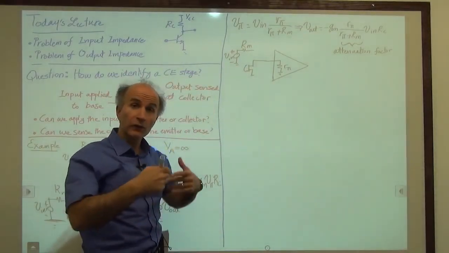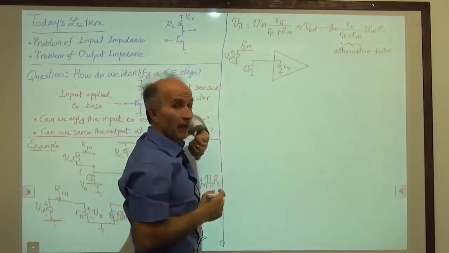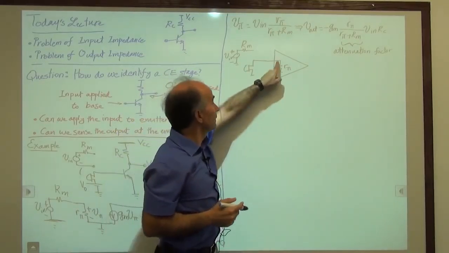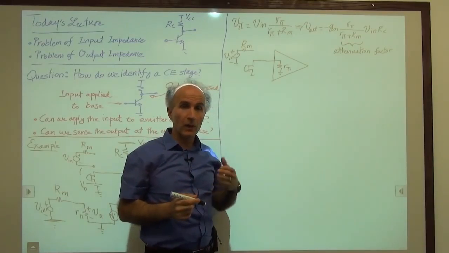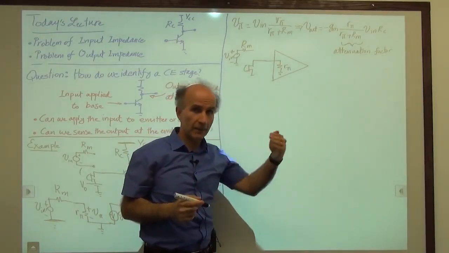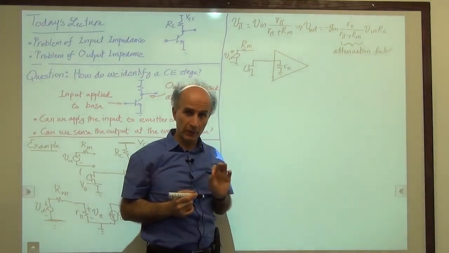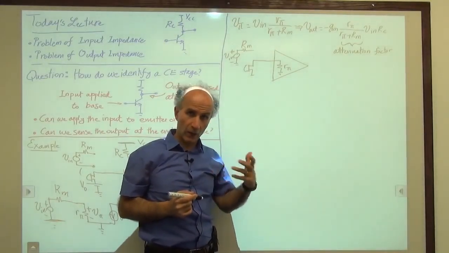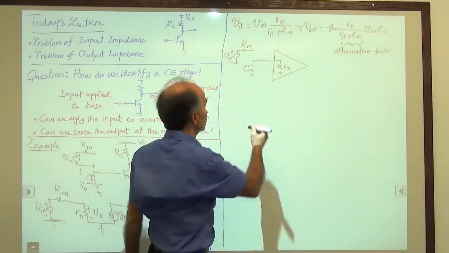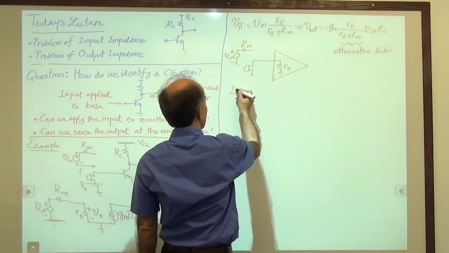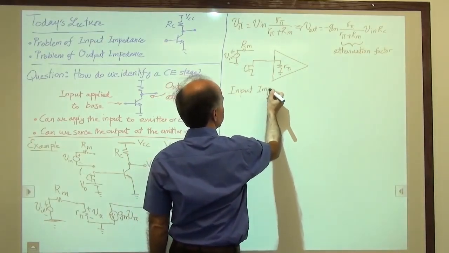In addition to the voltage gain of the amplifier, we also need to know something about this resistance here. This is what we call the input impedance of the circuit. Now we will define the input impedance carefully so that from now on we can measure it for any circuit that is given to us. So let's define the input impedance.